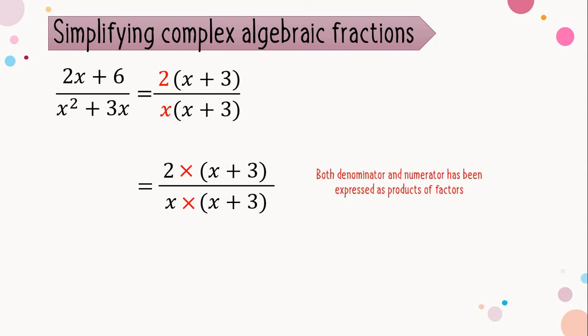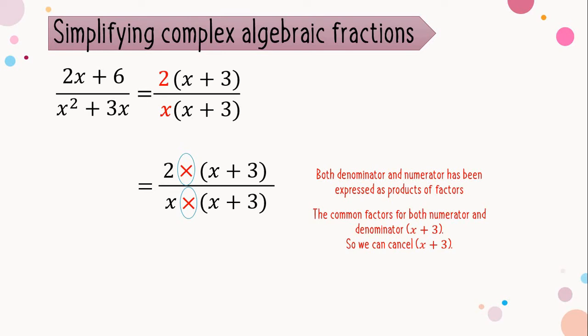Now both the numerator and denominator have been expressed as a product of factors. Products mean multiplication. The common factor for both numerator and denominator is x plus 3, so we can cancel x plus 3. And then the answer is only 2 over x. So the simplest form of 2x plus 6 over x squared plus 3x equals 2 over x.